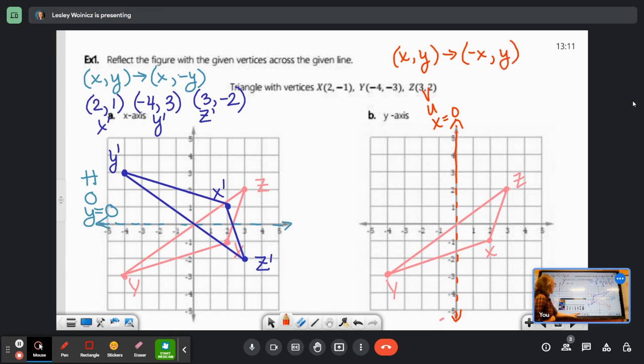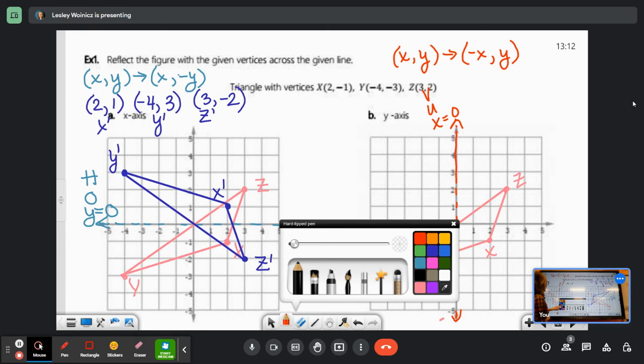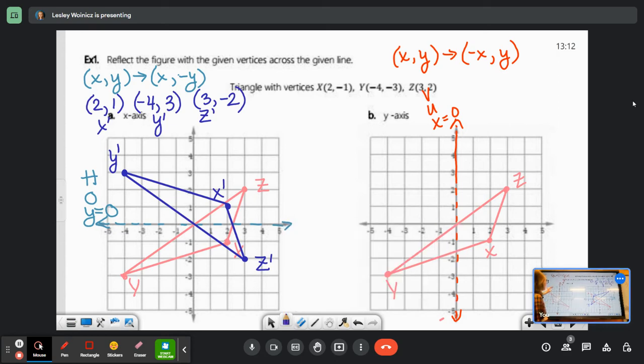So let's write down those points really quick. Our X prime will be change the sign on the 2, keep the negative 1. Y prime will be keep the negative 4, change the sign on the negative 3 to a positive 3, and Z prime will be keep the 3, change the positive 2 to a negative 2.